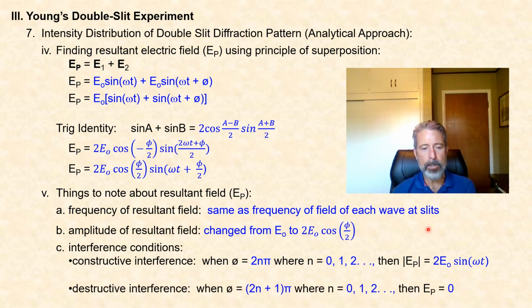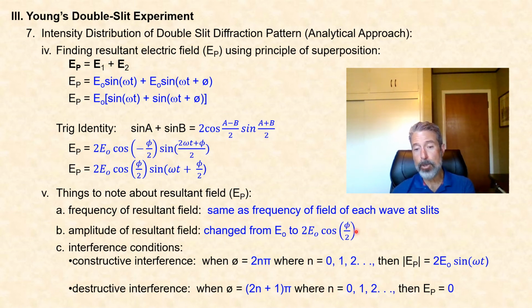And likewise, the case of destructive interference, when we look at this cosine phi over 2 term here, when phi is either pi, so we're ending up with pi over 2, 3 pi over 2, 5 pi over 2.